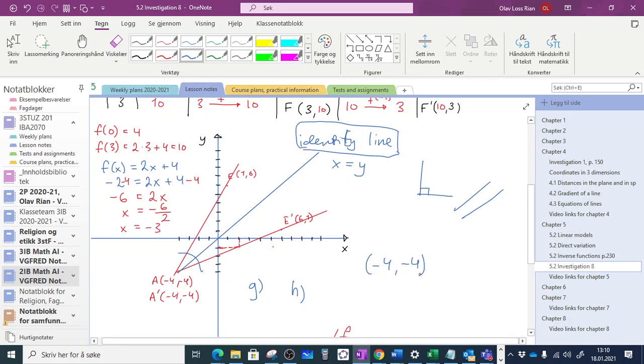The diagram on page 234 is for question 2, and we're not going to go through that. But H, what is the equation of the inverse function f minus 1? There's two ways of going about that. Suggestions? For how to find the inverse function?